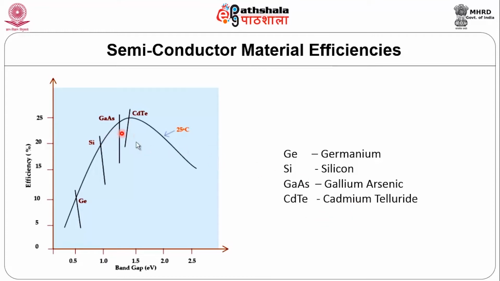The atmospheric temperature may be in the order of 25 degrees Celsius. Cadmium telluride gives around 25% efficiency, followed by gallium arsenide at around 23 to 24%, and Si, the silicon cell, at around 20%, and Ge is very low, giving about 10% efficiency.